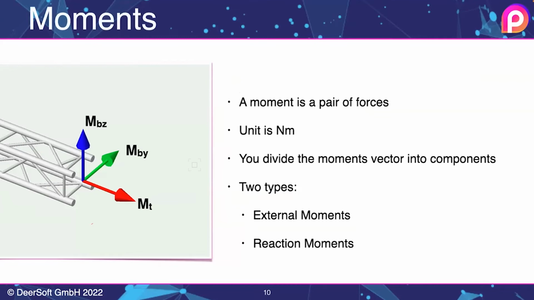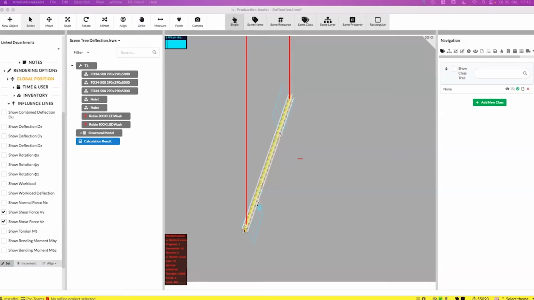Moments are also a big thing in structural calculation. They are a pair of forces with the same magnitude but opposite directions. The unit of moments is Newton meter. Moments are also vectors, which means they are also split into components. Let's again look into the app to understand this. I again activate the calculation result, and now show the bending moments MBY and MBZ.